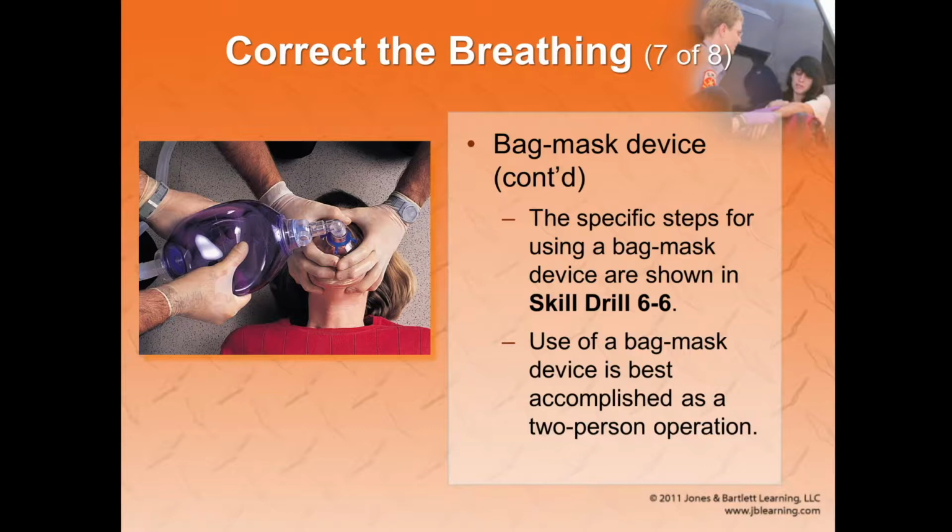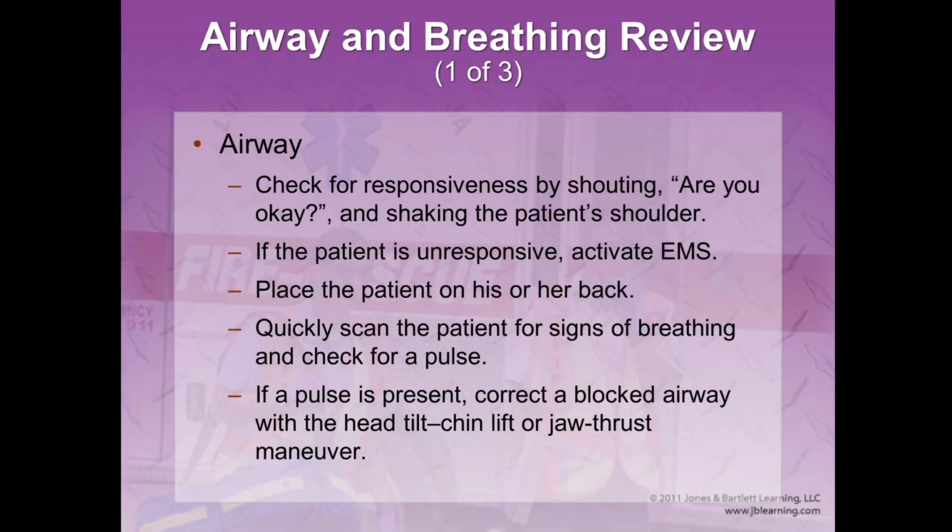Once you start delivering ventilations, you can then hook up your bag valve mask to oxygen, and you could be delivering realistically up to 100%, but anywhere between 90 and 100% oxygen to the person instead of the 21% in the regular air. And then, this is just a review of everything we've talked about.